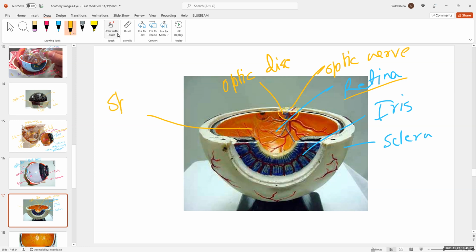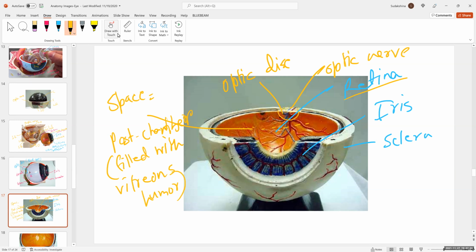This space is the posterior chamber. This entire space is posterior chamber and is filled with, as we have learned before, vitreous humor. Oh, and let's not forget this. This is the pupil, the opening. Pupil, or darker right there. Half of the pupil.